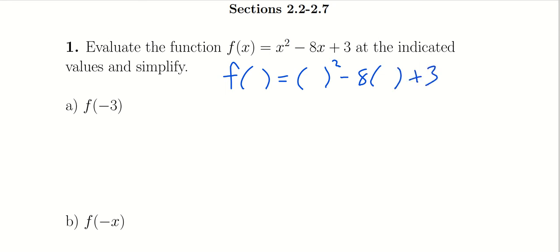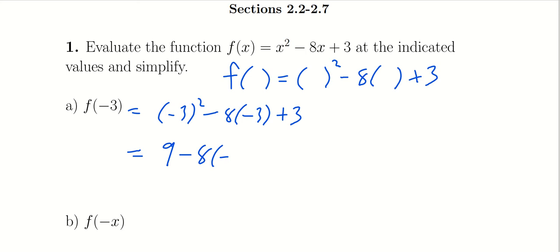So for instance, if we wanted to evaluate the function at negative 3, then everywhere we had an x, we're going to replace it with the number negative 3, like this, and then we'll simply follow order of operations to get the value. Exponents first, we're going to get 9 minus 8 times negative 3 plus 3.